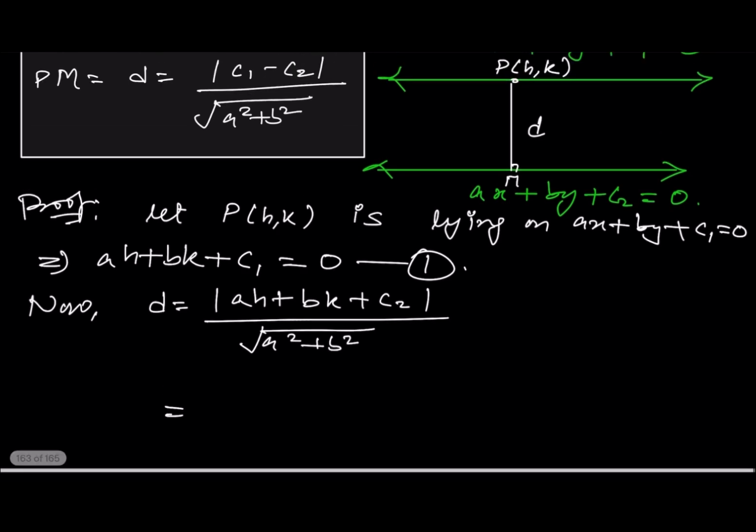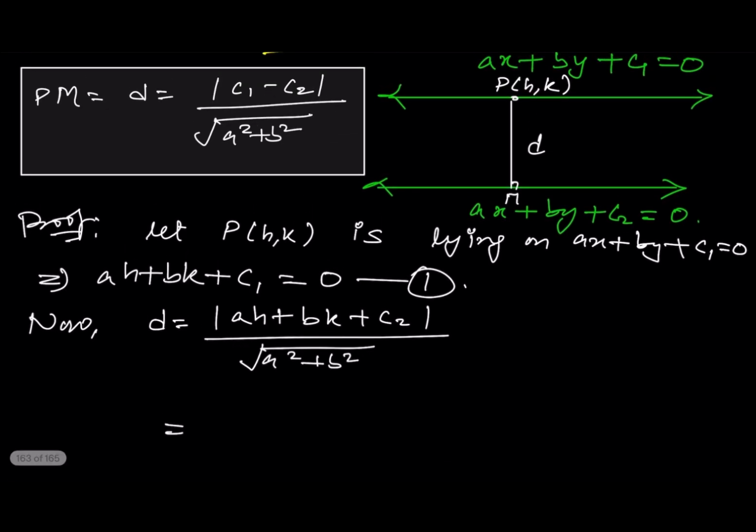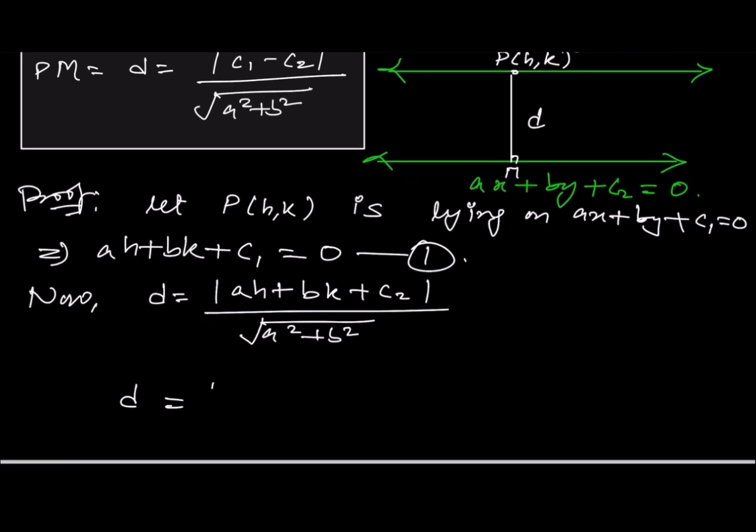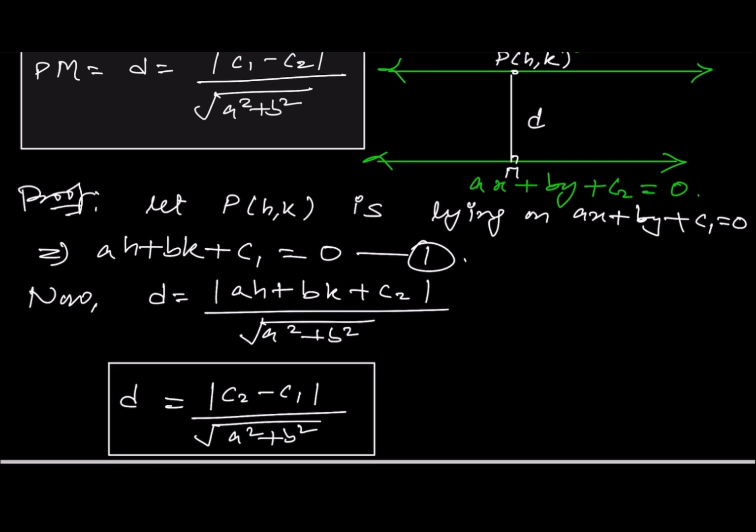So Ah plus Bk is nothing but minus C1 from 1. So D will become mod of C2 minus C1 upon root over A square plus B square. So this is the required distance, right?